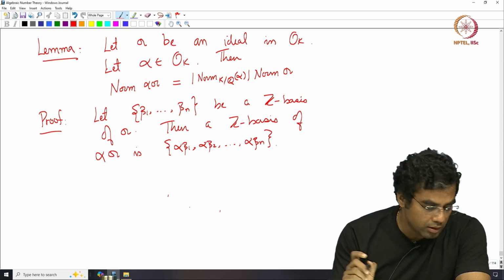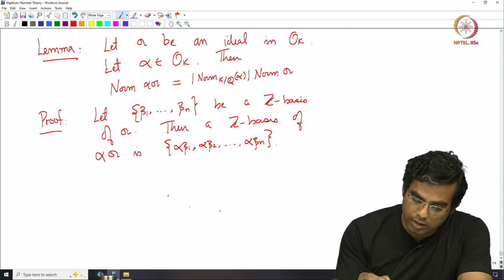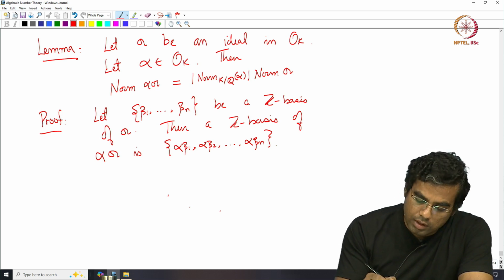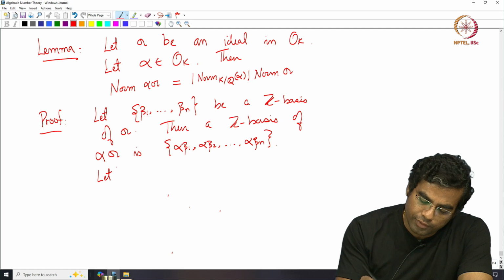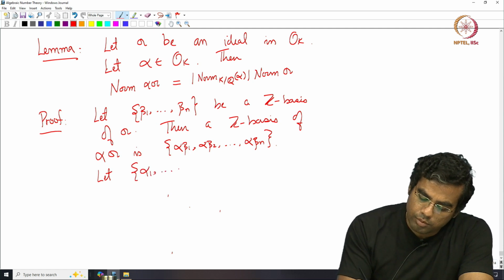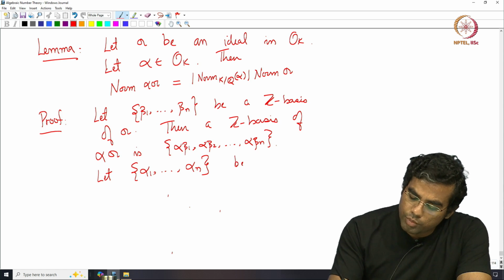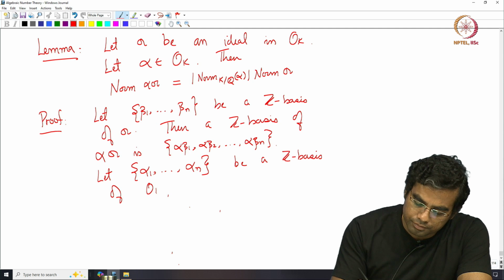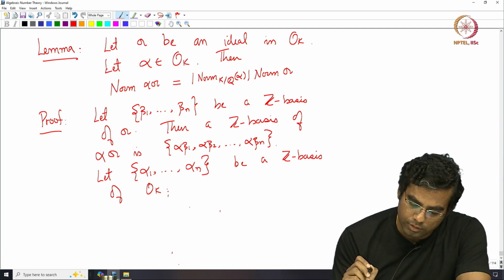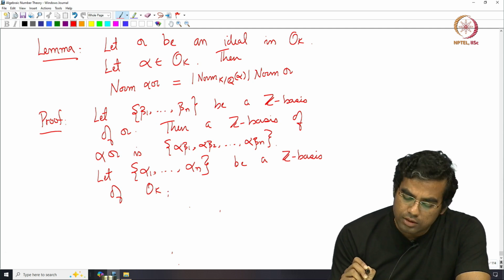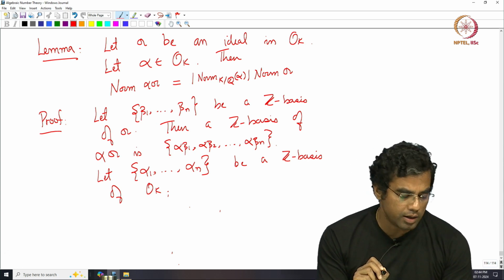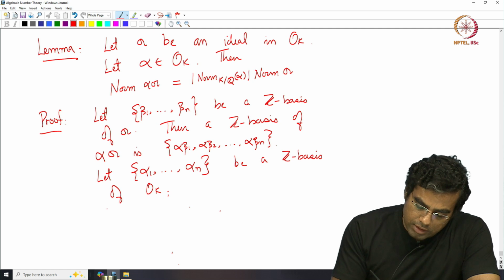So, what do we get then? Let me also fix a basis of OK, since everything is defined in terms of OK, be a Z basis of OK. Then when we proved this relationship between discriminant and delta squared, we wrote something like this.